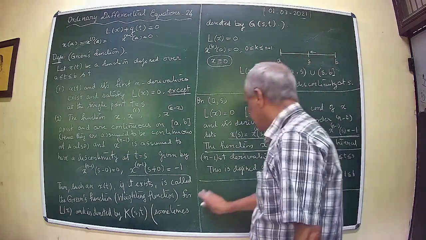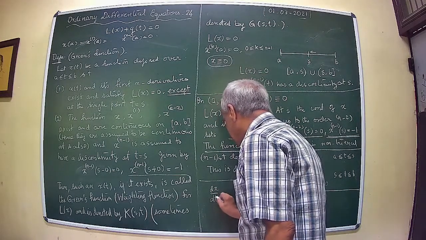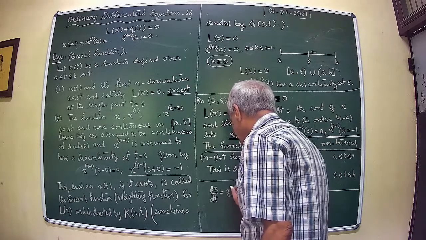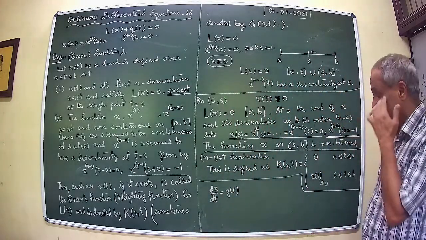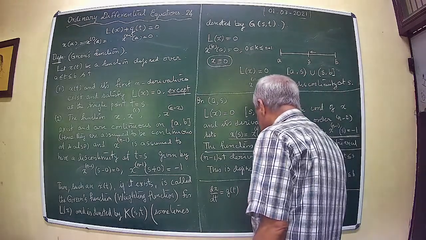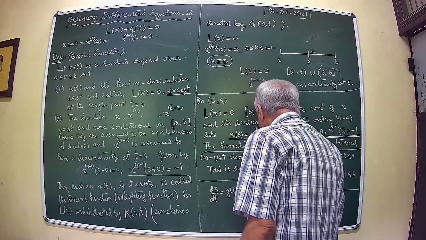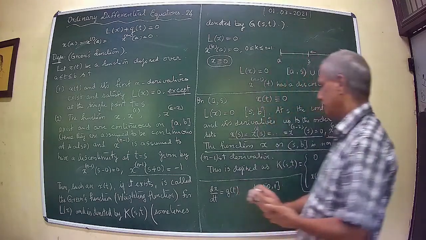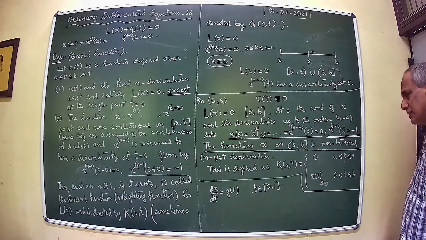Now let me come back to the problem. We want to integrate this on the interval 0 to 1. What will be the Green's function?